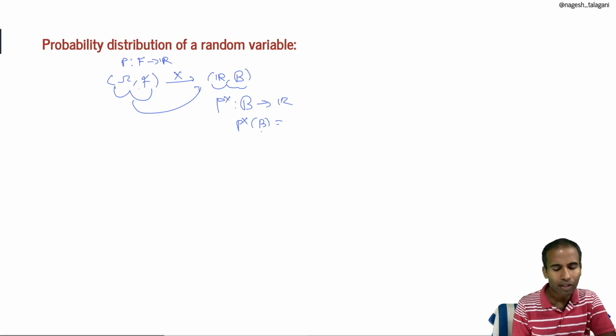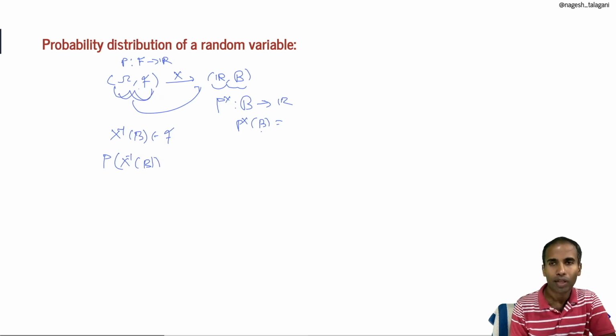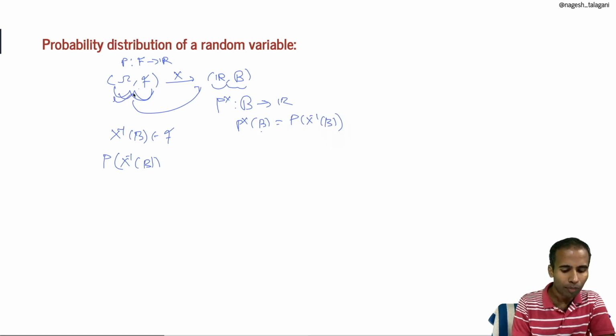Since X is a random variable, we know that the inverse image of a Borel set is sitting in script F. So the inverse image of a Borel set is an event. So we can assign probability to this event using P, because P is the probability function on this space. So we are going to define Px of B as the probability of X inverse B. This is how we transport the probability structure on this space to this space.